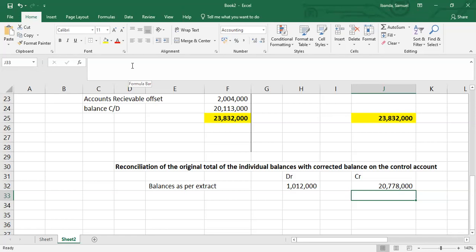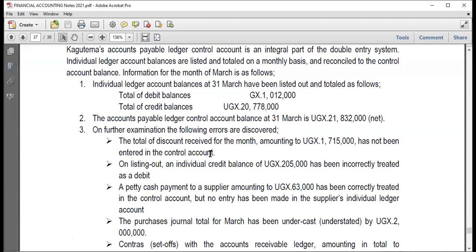So then the other that we should take into consideration now, we are going to look at the errors that affected what? Remember, there was something here. This we accounted for in the corrected control account.